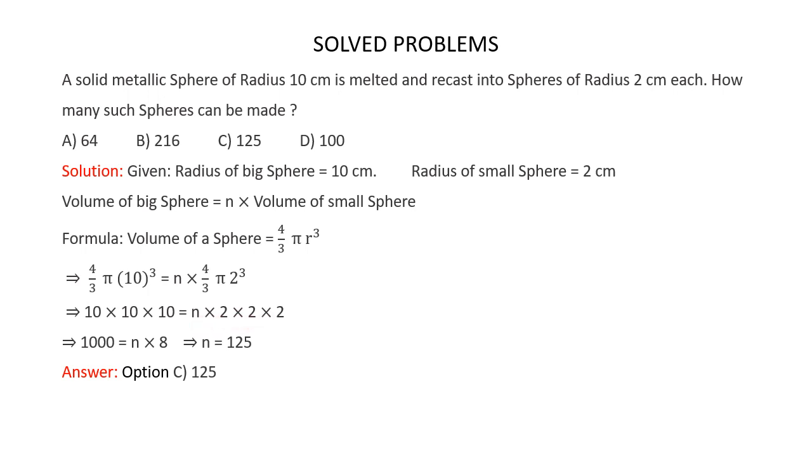On solving this, we get n is equal to 125, which means 125 small spheres can be made when the big sphere is melted and recast. So the correct answer here is option C, 125.